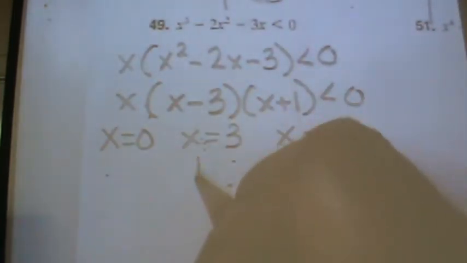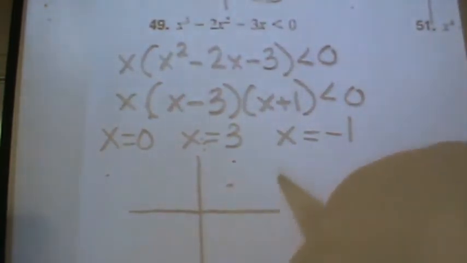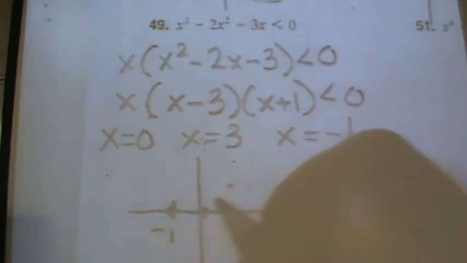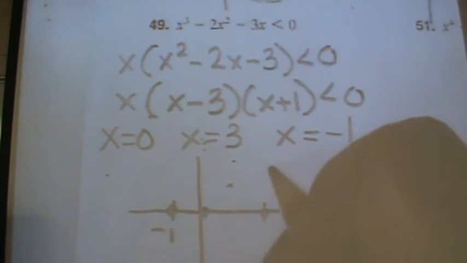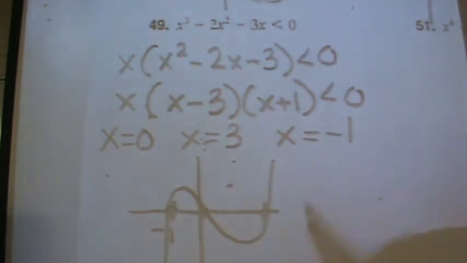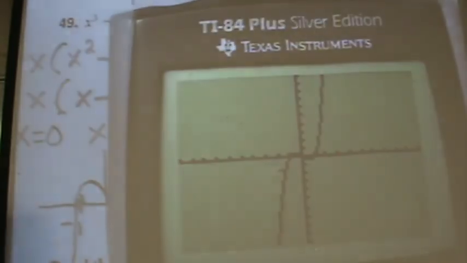I can do this without a calculator, but I'm going to show you both ways. This is negative 1, 0, and 3. So this thing is going to be going like this. And I'm going to show on the calculator how you can get that.